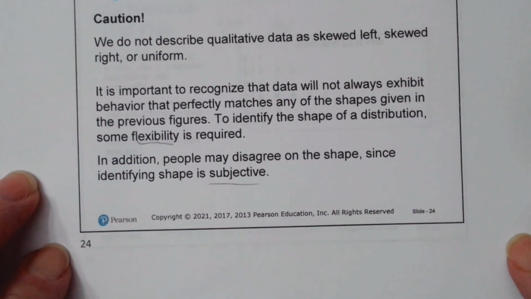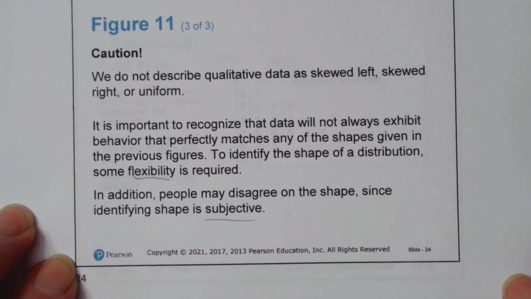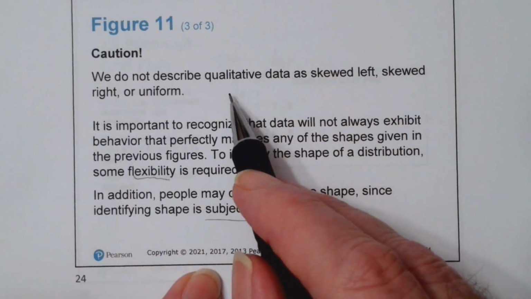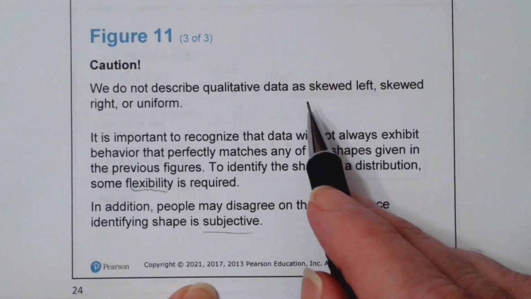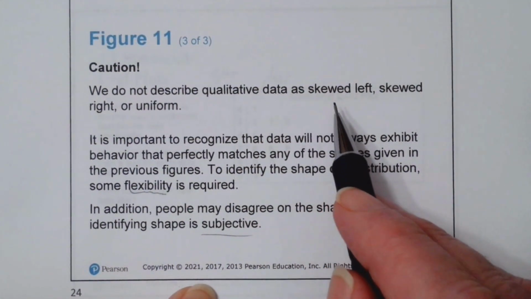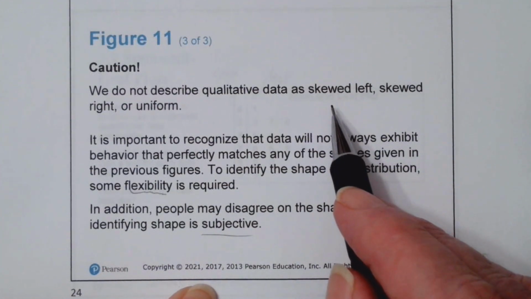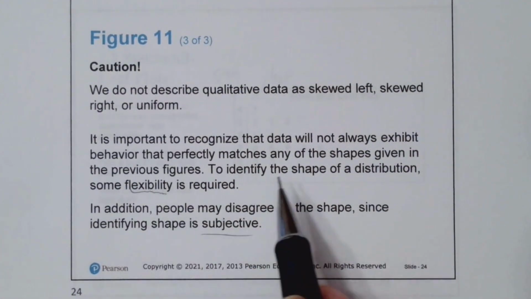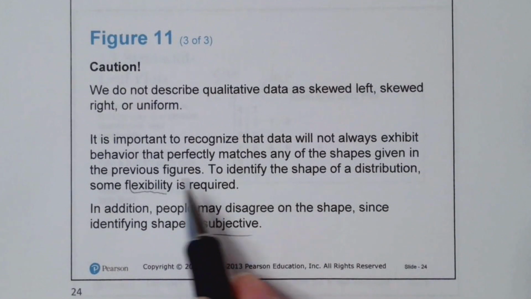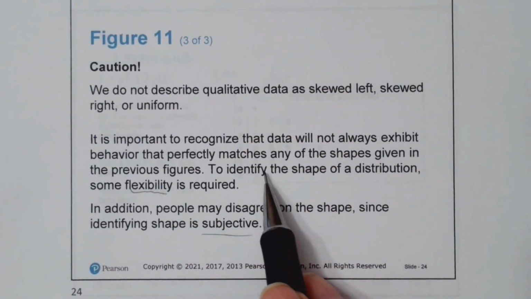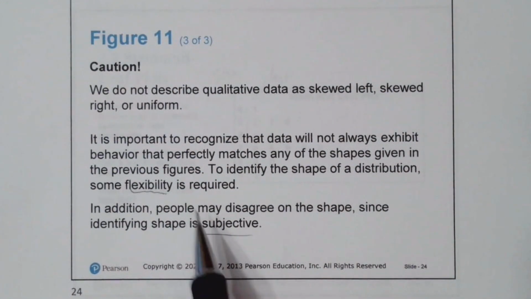Let's go ahead and look at a couple of things here. When it comes to qualitative data, we don't talk in terms of the distribution of the data as far as its shape. It's important to recognize that data will not always exhibit behavior that perfectly matches any of the shapes given in the previous figures.